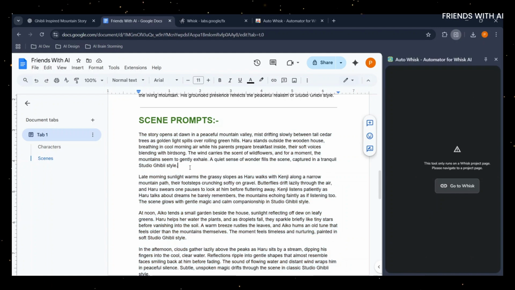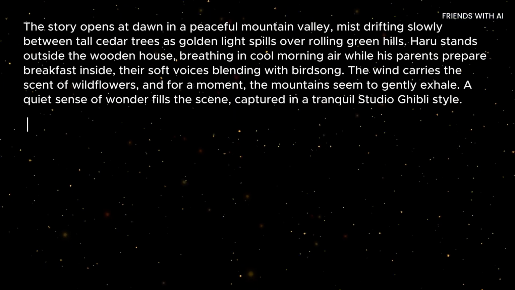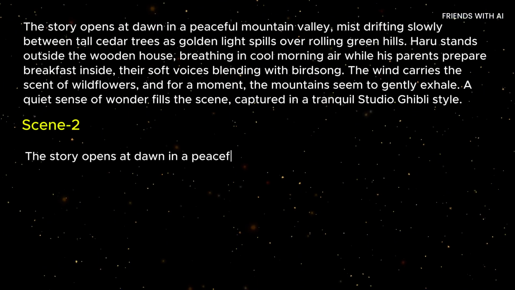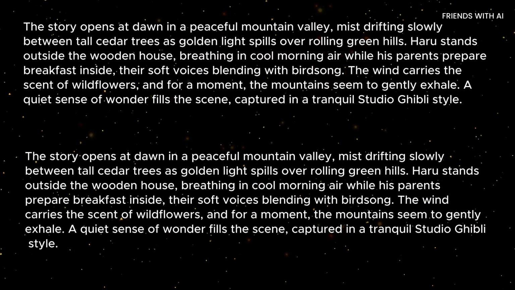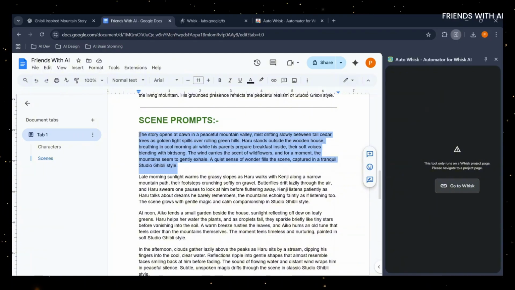So after completing one prompt, leave one clear line gap and then paste the next prompt. Keep this structure consistent to ensure Auto Whisk reads and processes each prompt correctly. This is very important, so always keep it in mind while pasting your prompts, and that's why I did not add any extra heading for the scenes, as you can see.